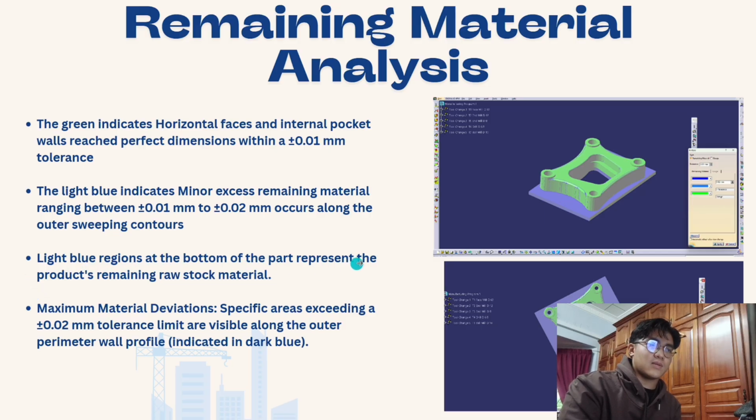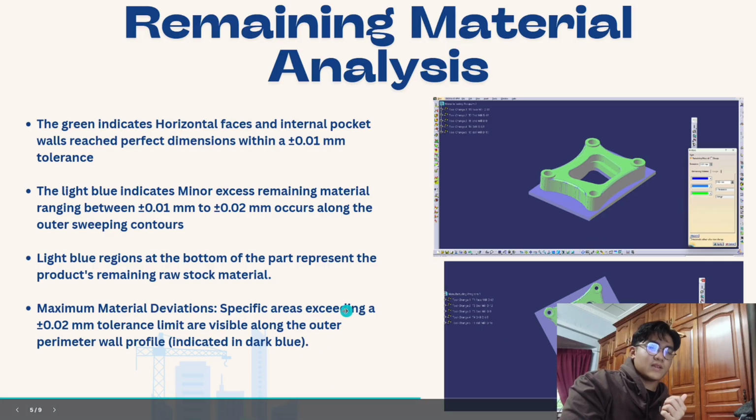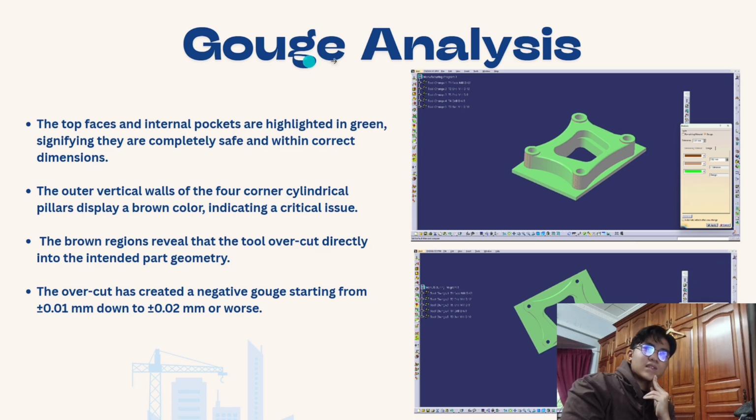Light blue regions at the bottom of the part represent the product's remaining raw stock material. Maximum material deviation, specific areas exceeding 0.02 tolerance limit visible along the outer perimeter wall profile, is indicated in dark blue.